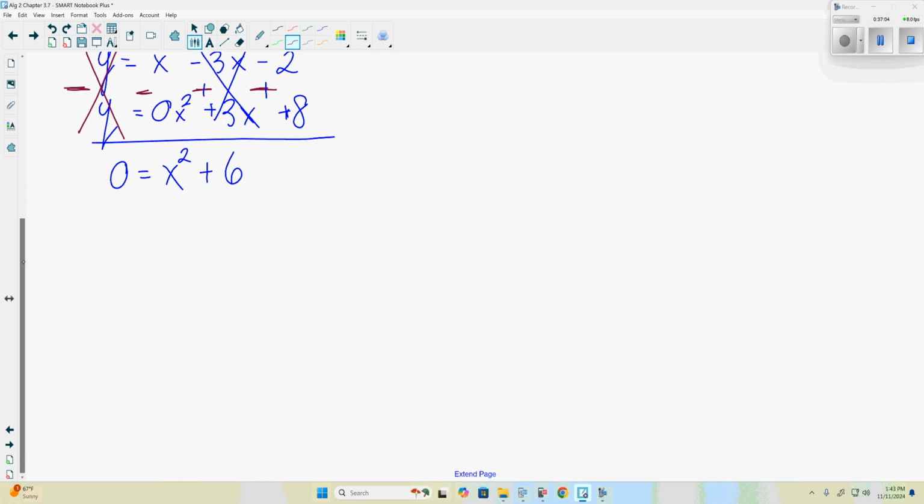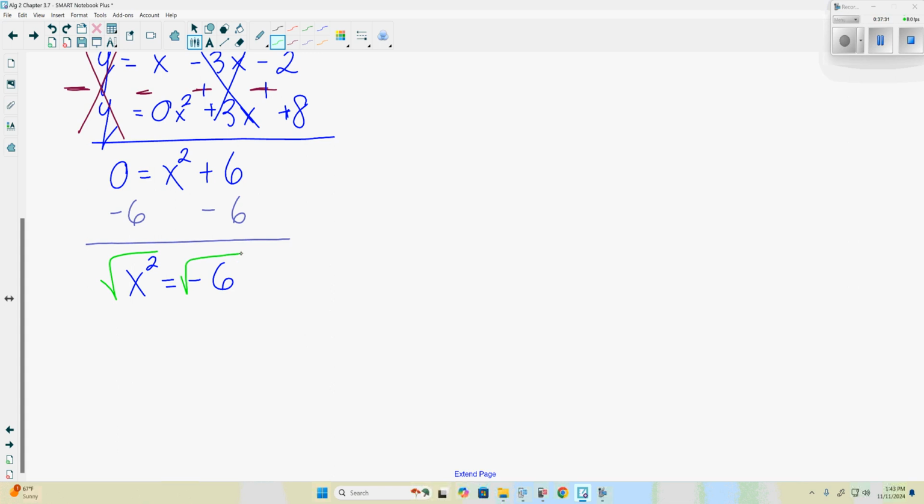Now this one here is kind of nice because we do not have a middle term. We do not have x to the first, so we can use the square root method. Get this x squared term by itself and then square root both sides. So the first thing we can do is subtract 6 from both sides, telling us x squared is equal to negative 6.